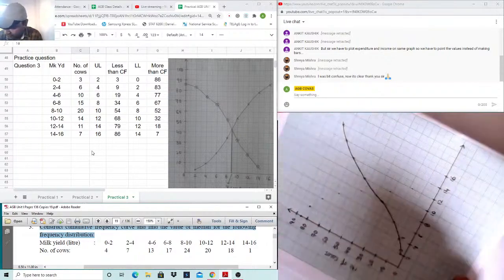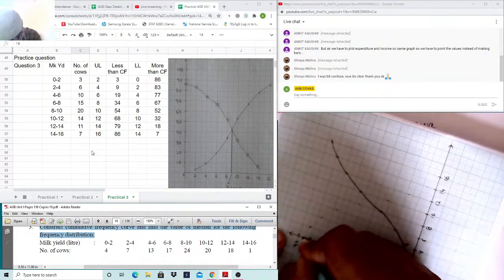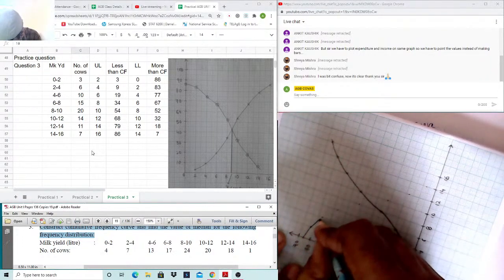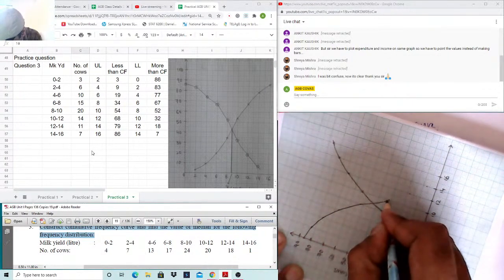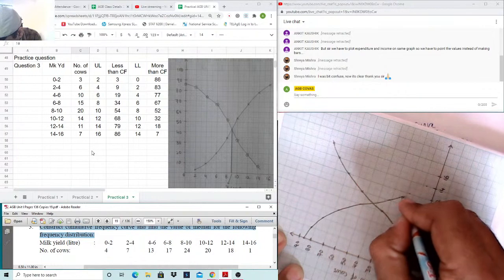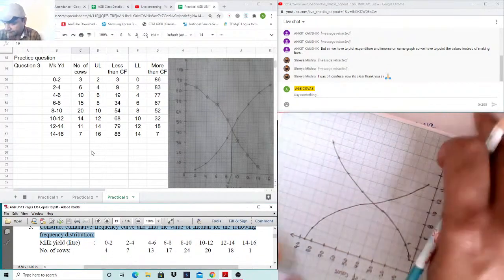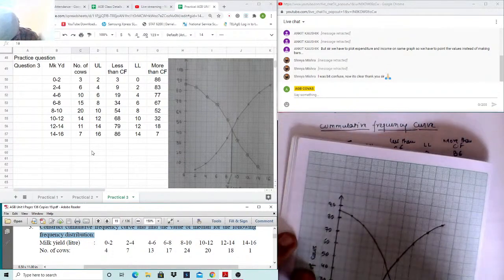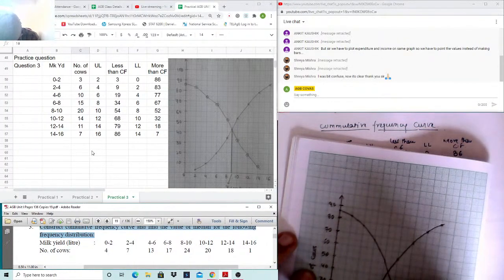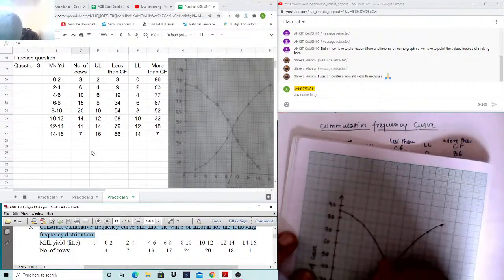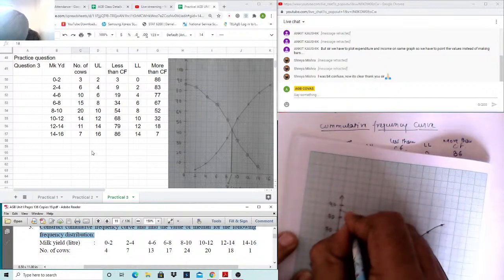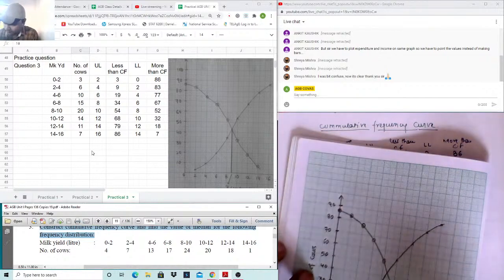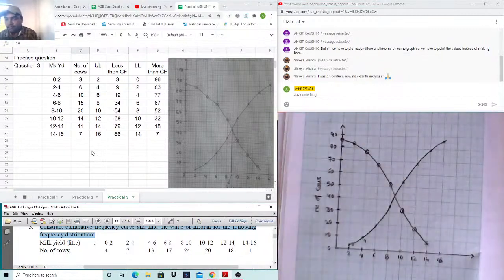And now we have to join these points. I will just write the points. Fine.